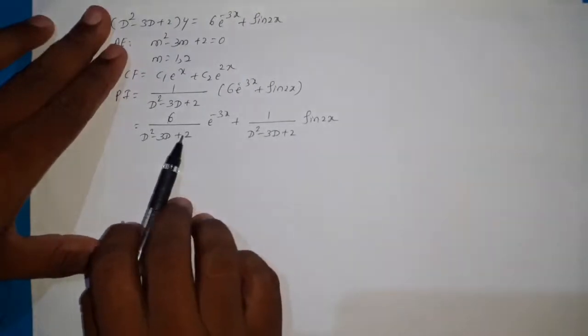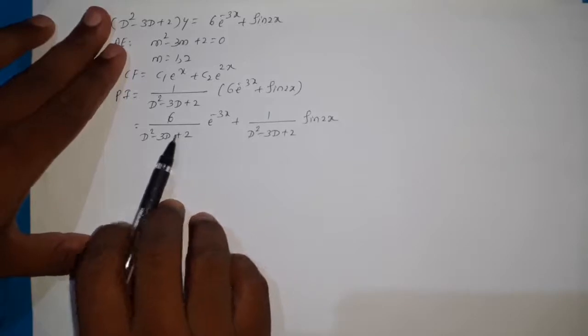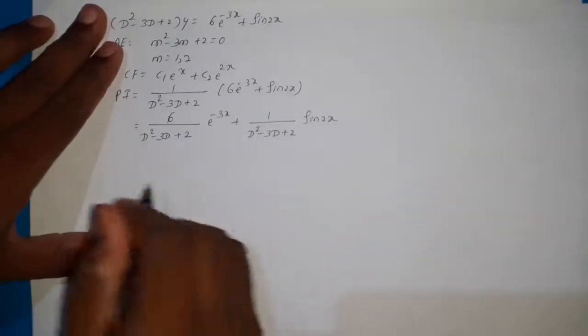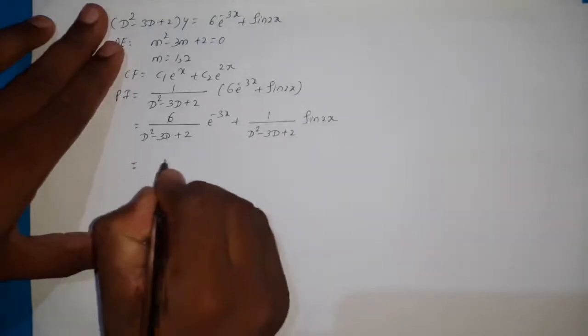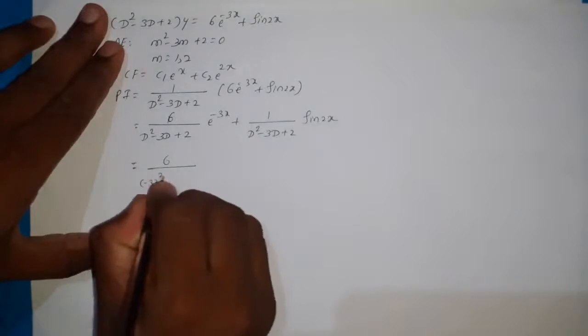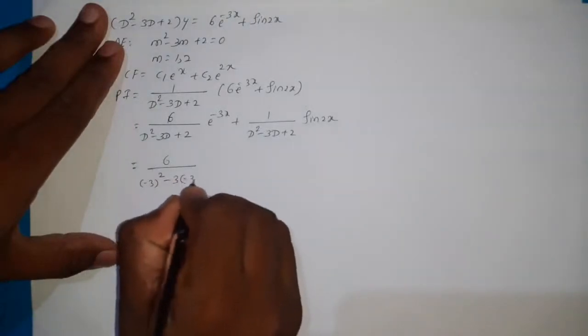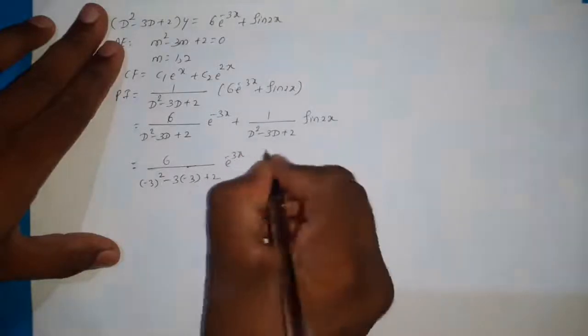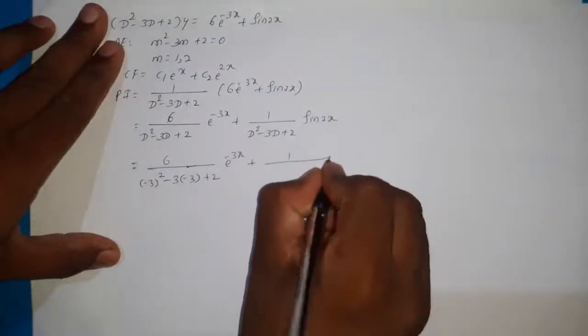So for the first one D equal to minus 3 and for second one D square equal to minus 4. Then this is equal to 6 divided by D equal to minus 3, that becomes minus 3 square minus 3 into minus 3 plus 2 e power minus 3x plus 1 divided by.